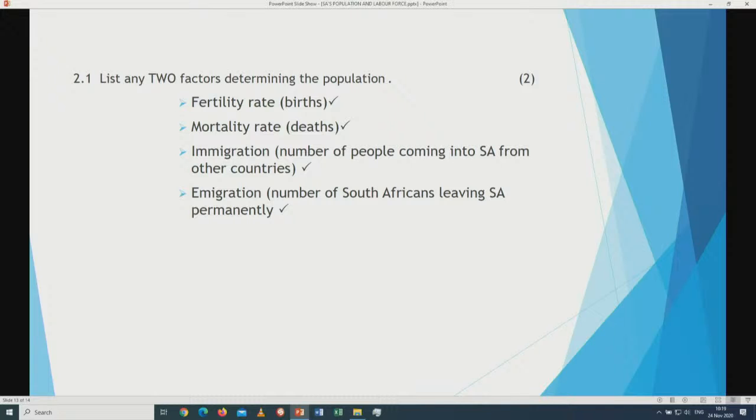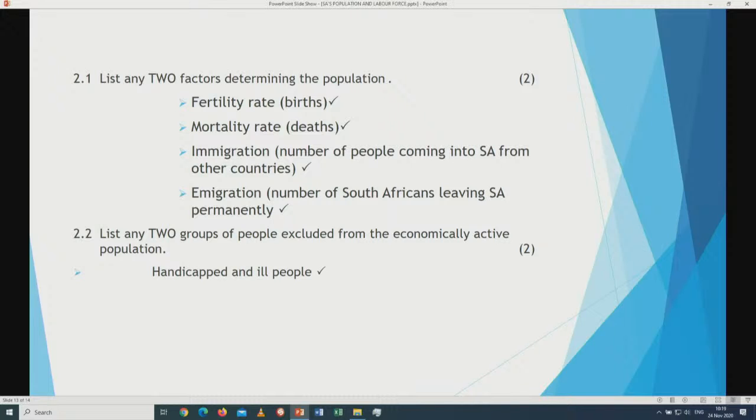Let's look at another question. I think it's almost the same as this one, which says list. You just list without discussing. List any two groups of people excluded from the economically active population. I told you that the economically active population excludes certain groups from being part of it. So which are those groups?